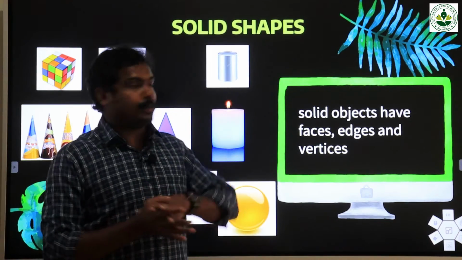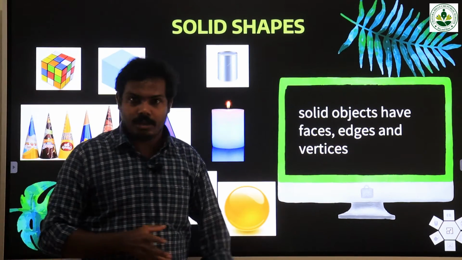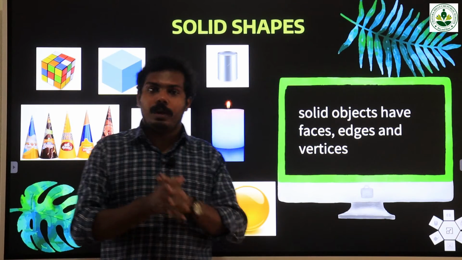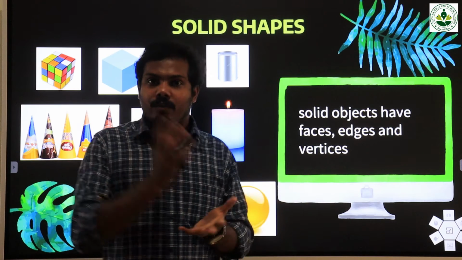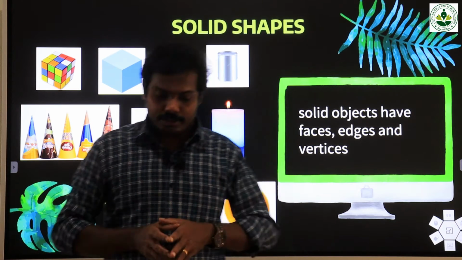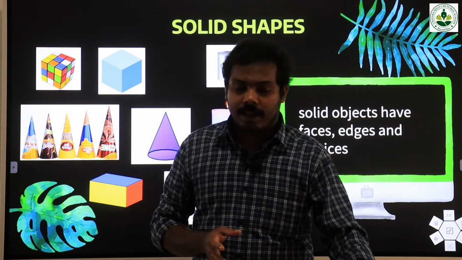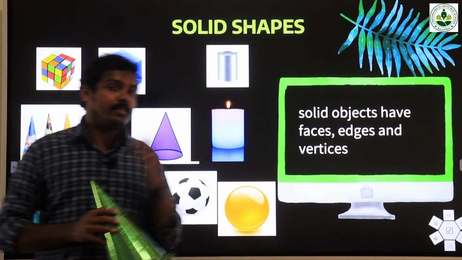Today we are going to discuss solid shapes: number of sides, number of corners, number of faces of solid shapes. We use vertices instead of corners. Corner, the other word is vertices. Singly it is vertex.